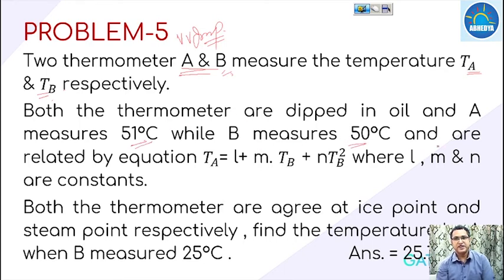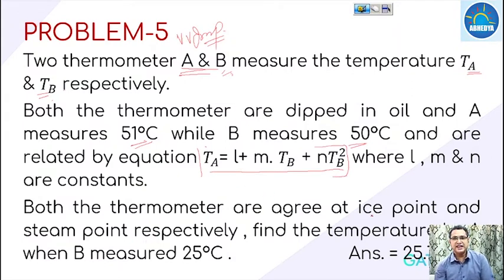And they are related by the equation TA is equal to L plus M times TB plus N times TB square, where L, M, N are constants. The temperature measured by thermometer A and thermometer B will be related by this equation.